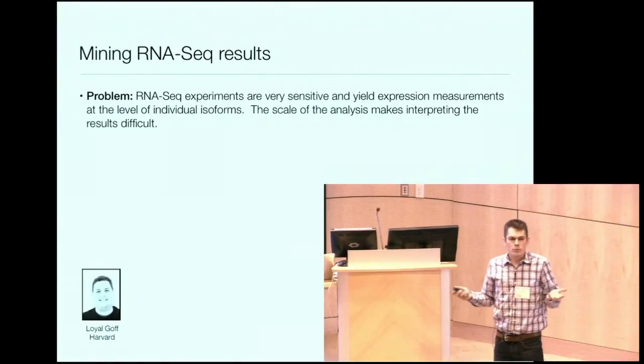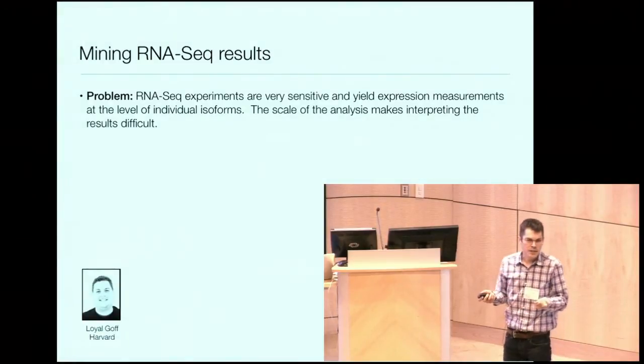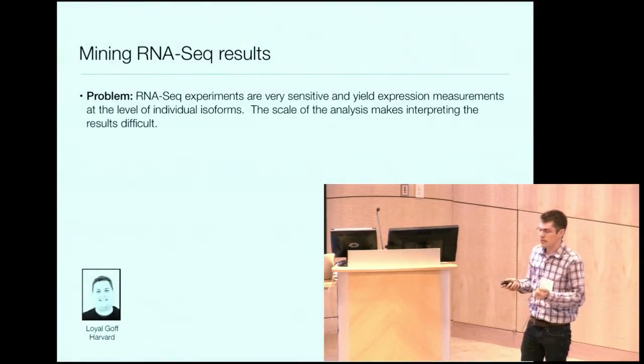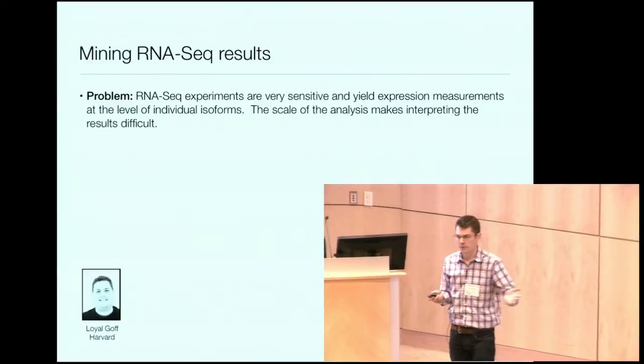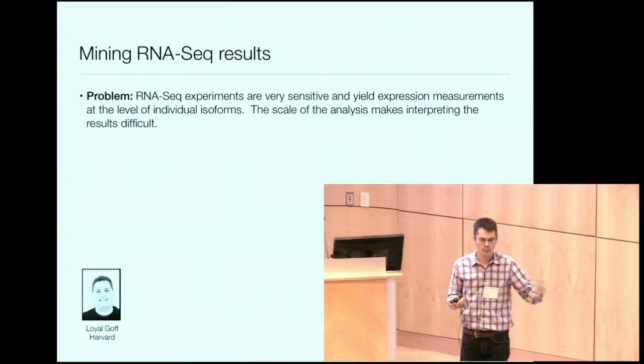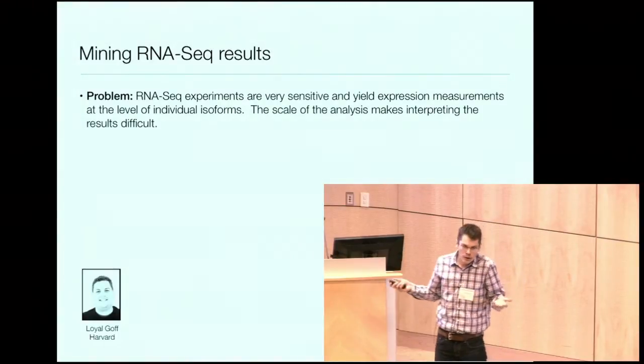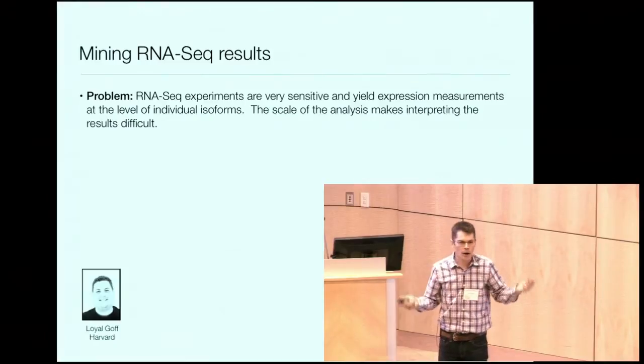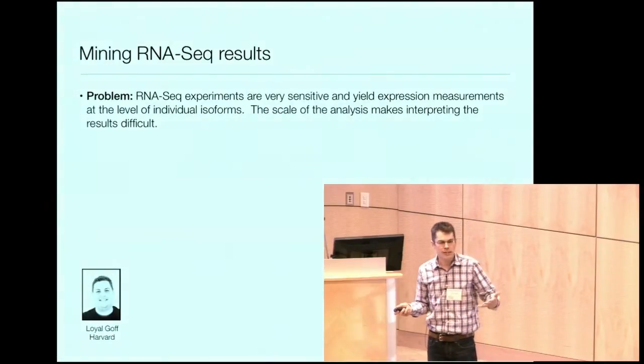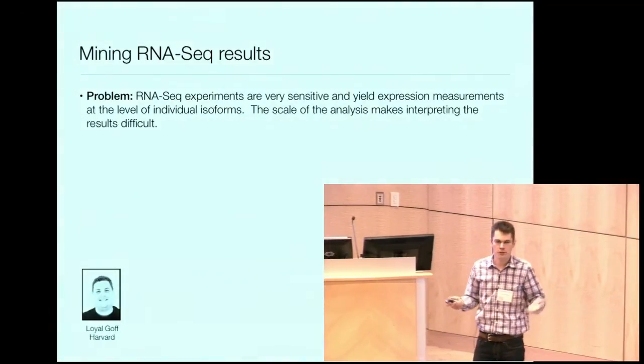The other really substantial problem with analyzing RNA-seq data is that, first of all, these experiments produce an absolute ton of data, millions and millions of reads. You have typically many conditions. And now we're talking about isoform resolution. So you've got 100 or 200,000 different splice variants of your 25,000 or 50,000 genes.